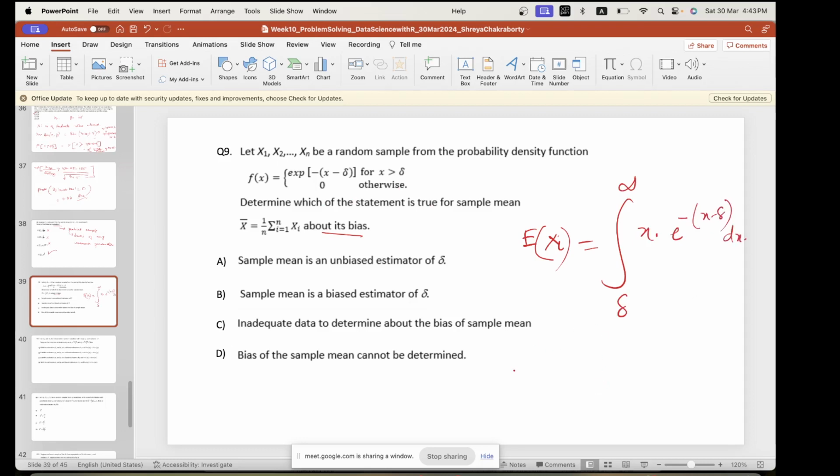Okay, so here if we write y equal to x minus delta, dy is dx, then this is 0 to infinity, x is y plus delta, e to the power minus y dy.